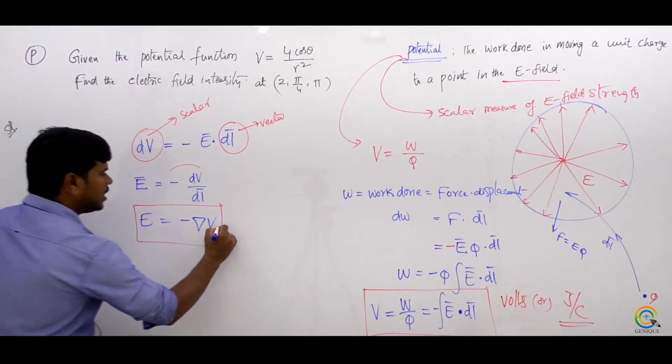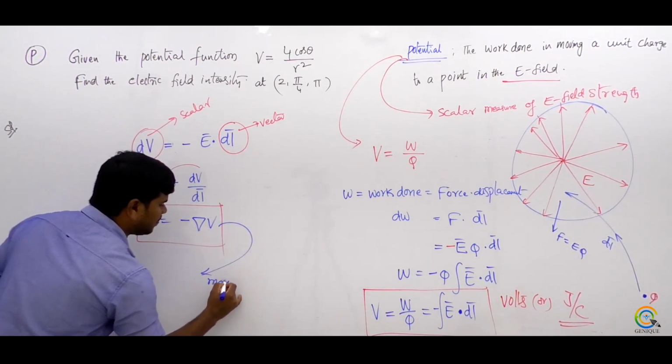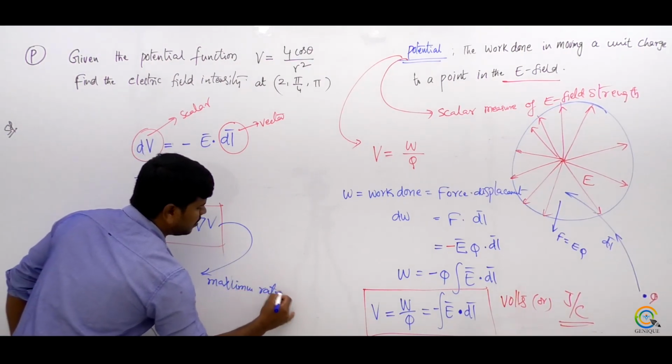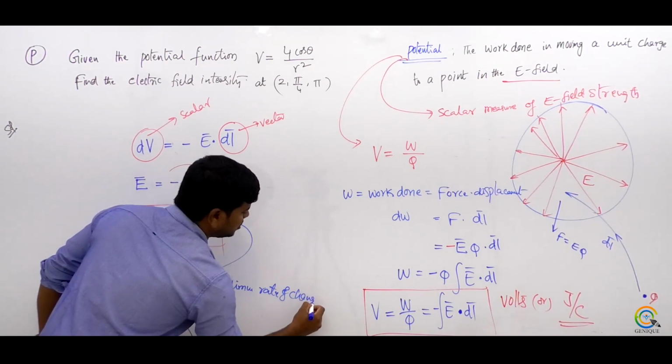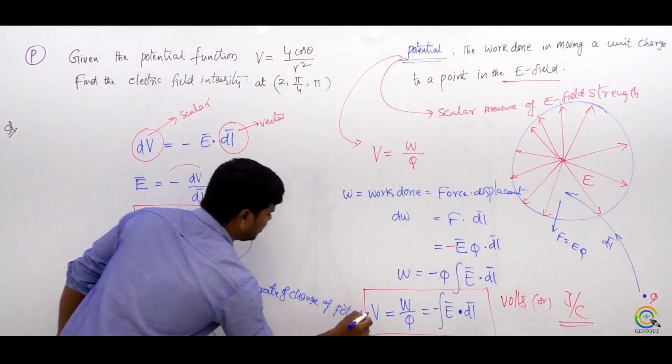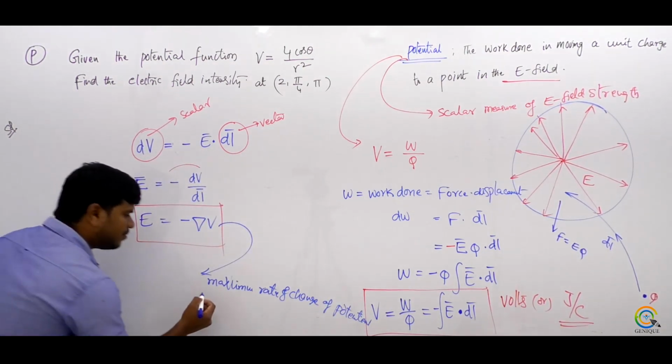So it shows the maximum rate of change of potential. What is the gradient? The maximum rate of change of potential.